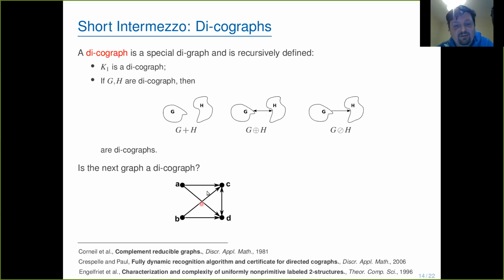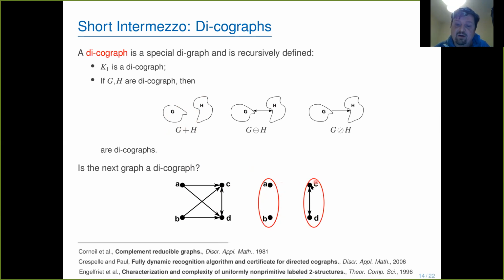Now we may ask, is this graph here a Dico graph? Well, now we can simply apply the definition. We know that the single vertex graph is a Dico graph. So the single vertex graph A is a Dico graph, the single vertex graph B is a Dico graph, and so their disjoint union is a Dico graph based on this definition here. And the same is true for C and D, right?